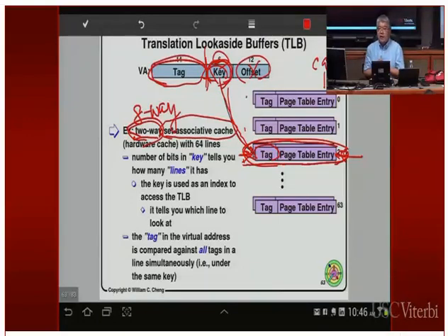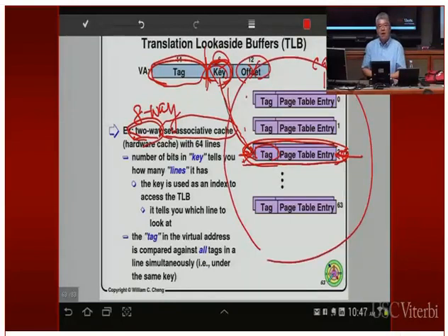This is very expensive in hardware, because you need very fast hardware to do all these comparisons in parallel, and that turns out to be very costly. So usually this hardware inside of the MMU tends to be small.